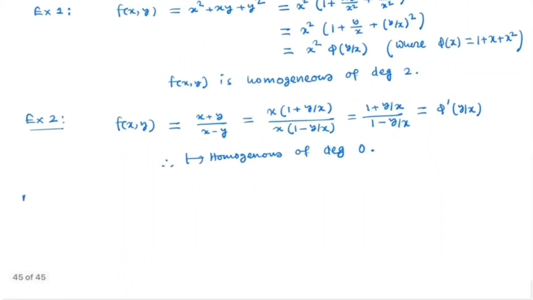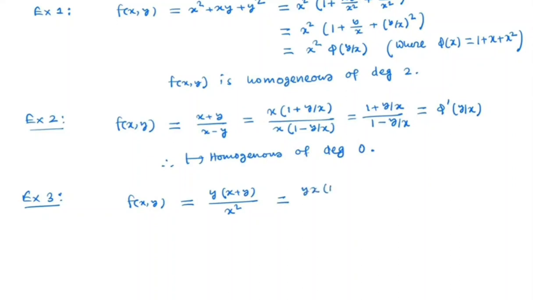Now consider another example. f(x,y) is y times (x plus y) by x square. Here also we take x common, so (1 plus y by x) by x square.